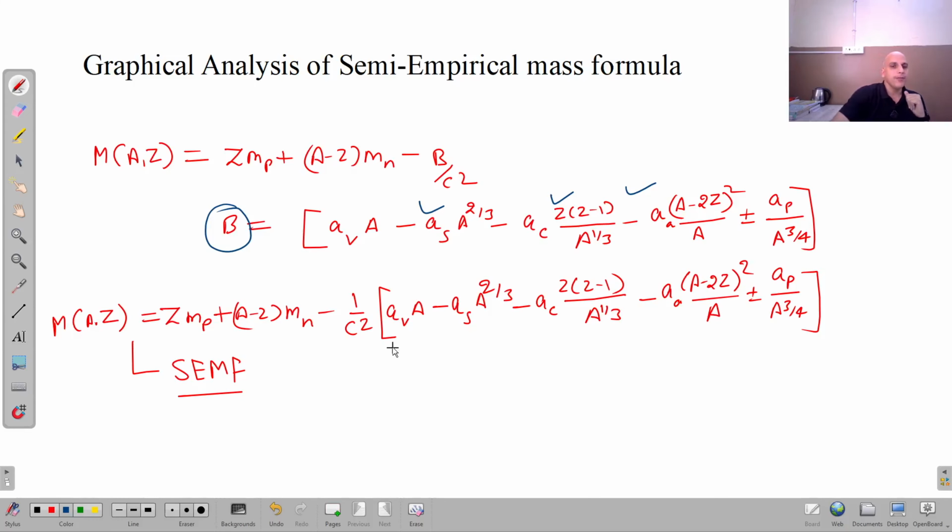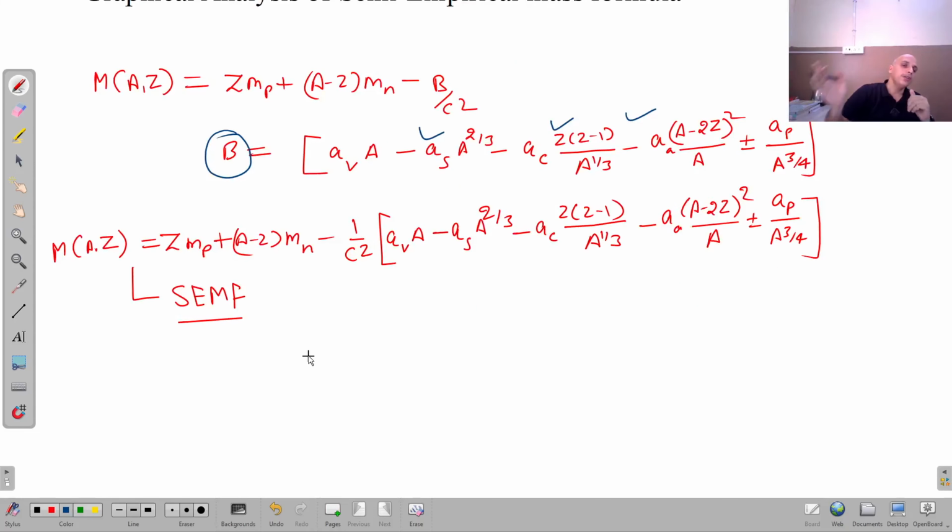Now recall the graph of unit number 1, where we have drawn a graph between the binding energy and mass number. We call that the binding energy per nucleon graph, right?